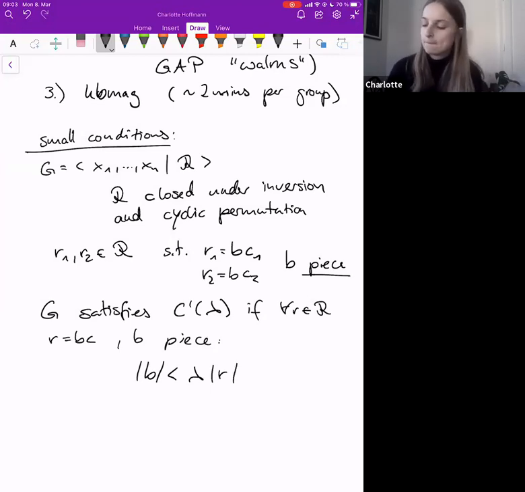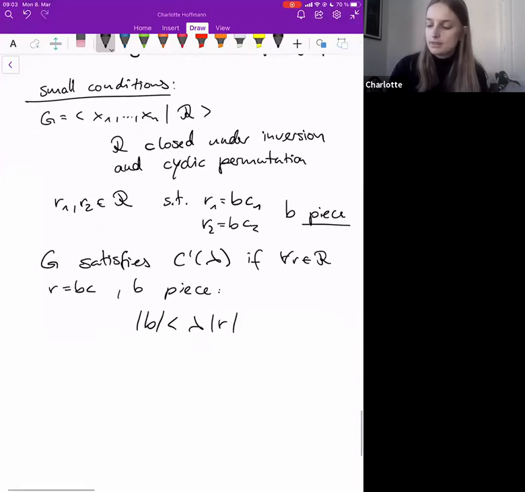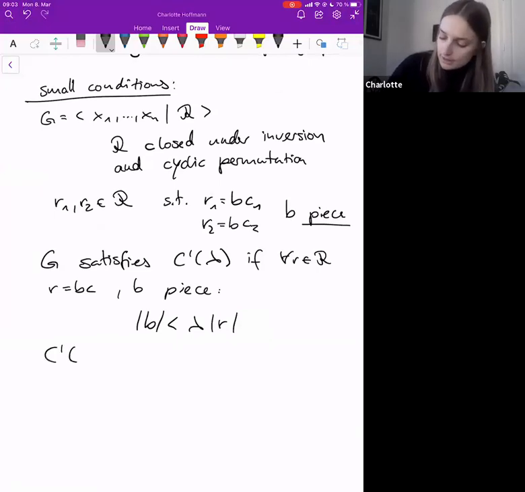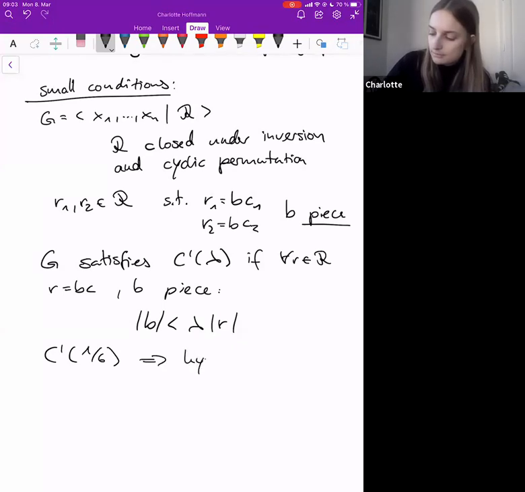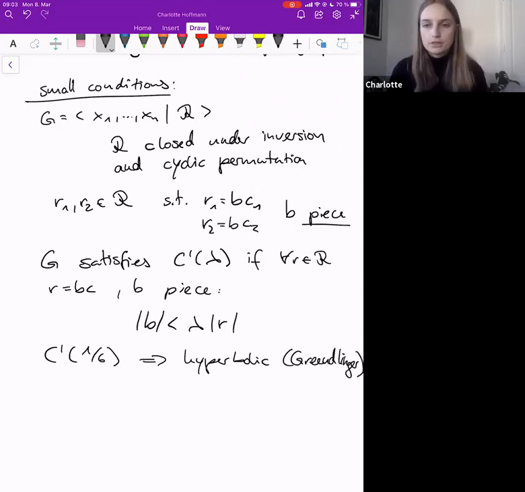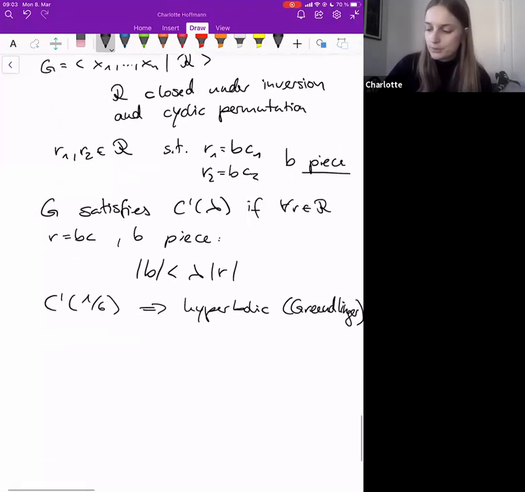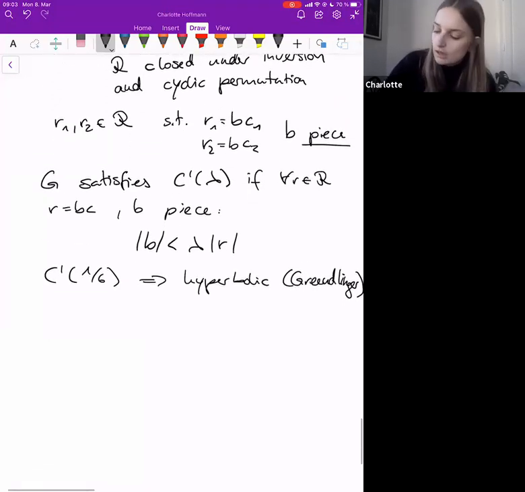Okay, so basically this says that the pieces are small enough, and then there's a classical result by Greendlinger that says if the group satisfies C prime 1/6, then it's hyperbolic. Okay, so this is just one example of a small cancellation condition.